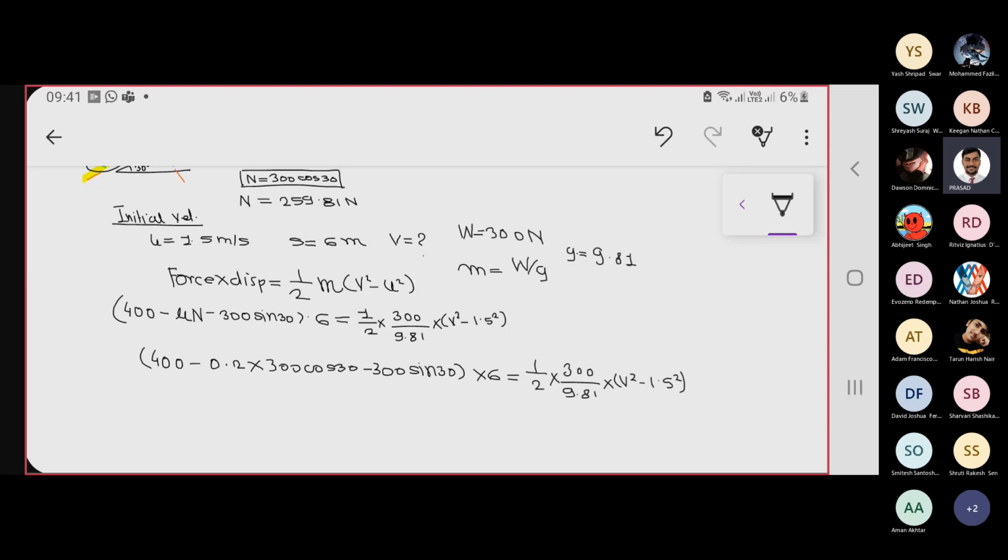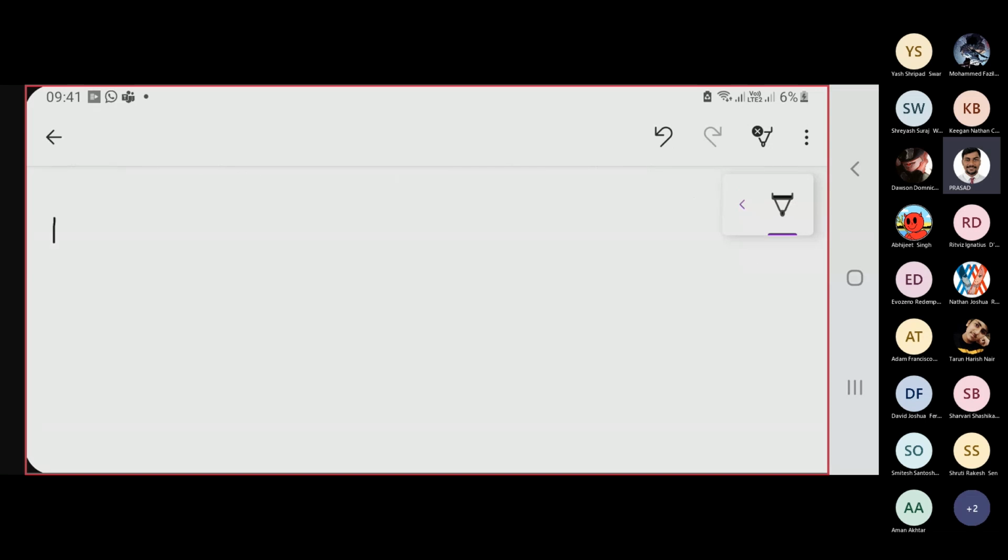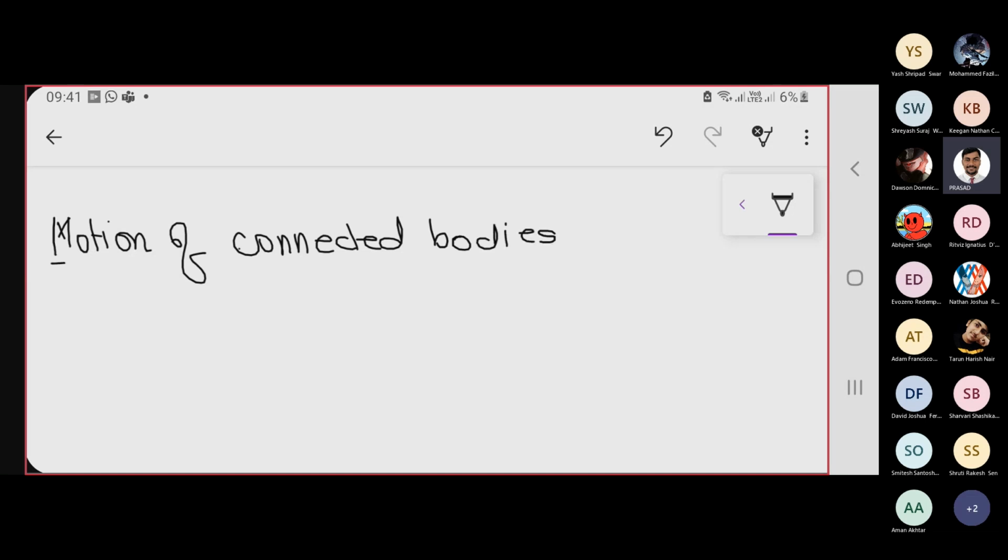Now let's go to the next type of problem, that is called motion of connected bodies. Connected body means what? Connected by a string. Bodies are connected by a string. Okay.